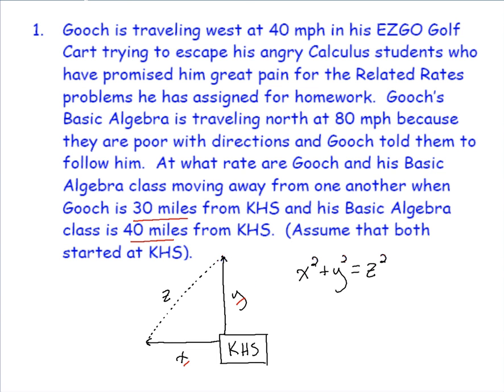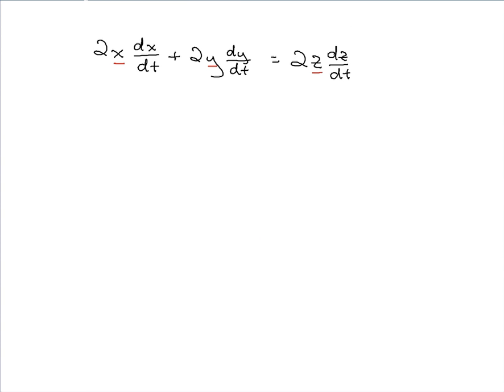But these other values, all these derivative notations, well, that's how those distances are changing over time. So those are my velocities, my speeds. The dx/dt, since that's connected to how x is changing over time, goes with my speed.